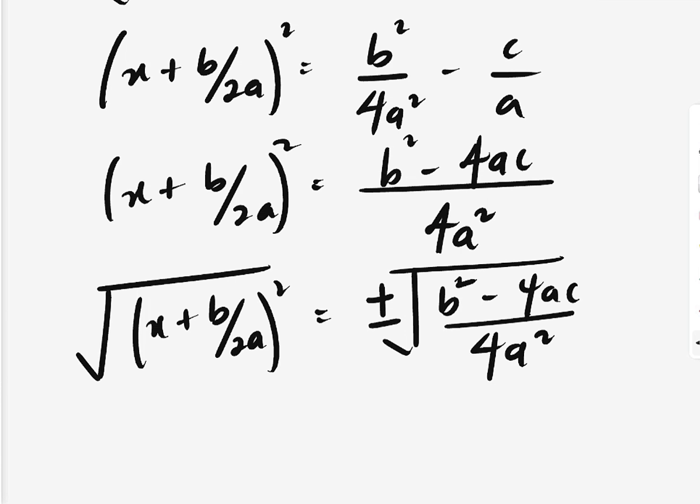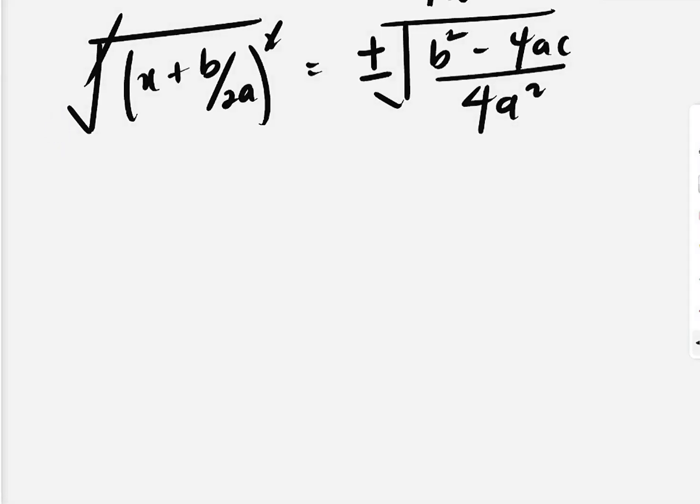So now that we are square rooting, it should come with either a plus or a minus. We don't care what it was before. The previous form might be a negative or a positive. So we have square to cancel out square roots.